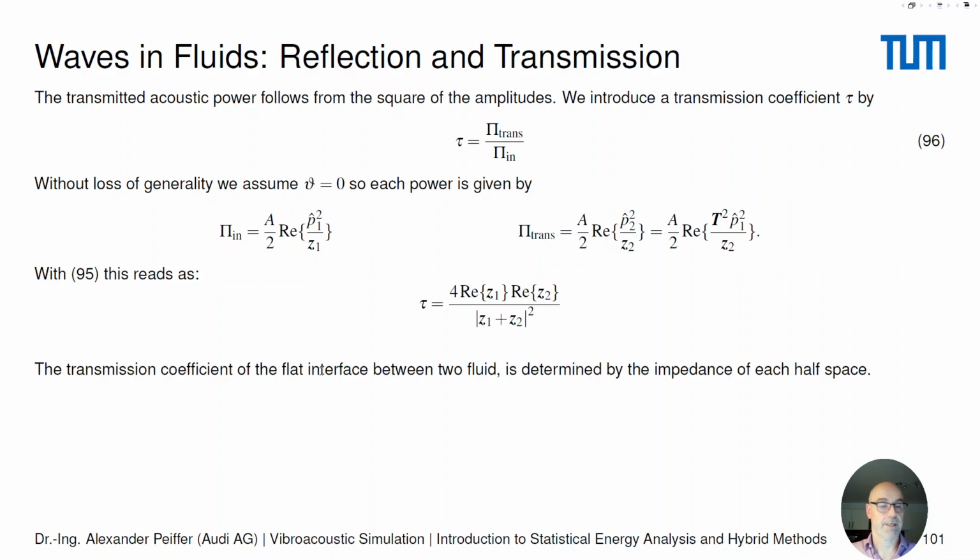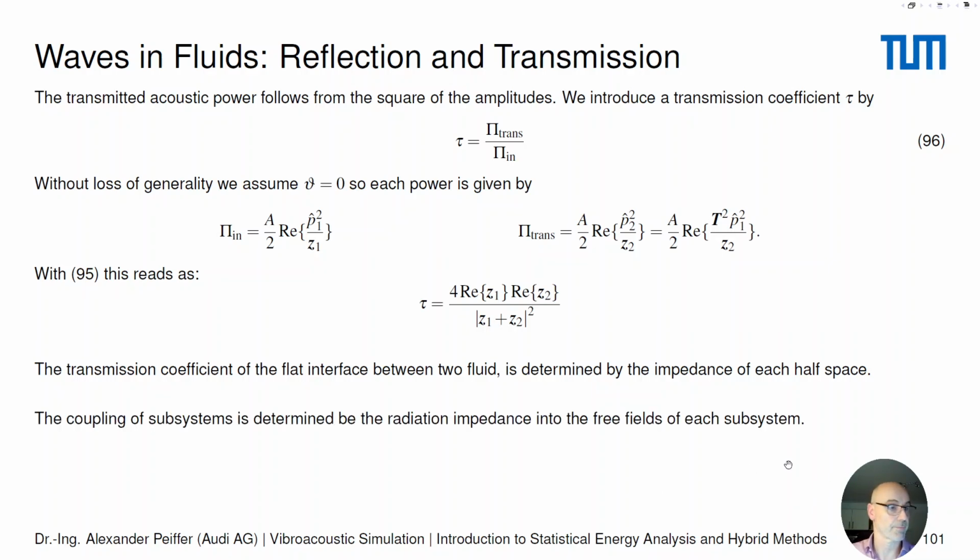In other words, again, the transmission properties and later, as it will be shown, the properties of a coupling loss factor are exclusively determined by the impedances. Again, the density and the velocity do not play a big role, except in this case that the speed of sound determines the angle of the transmitted wave.